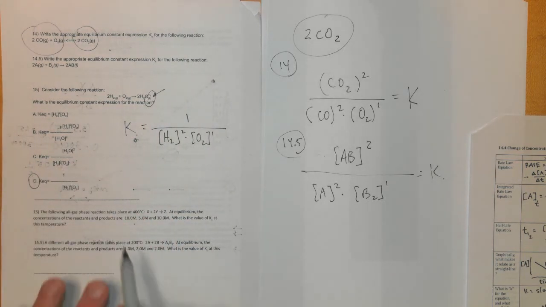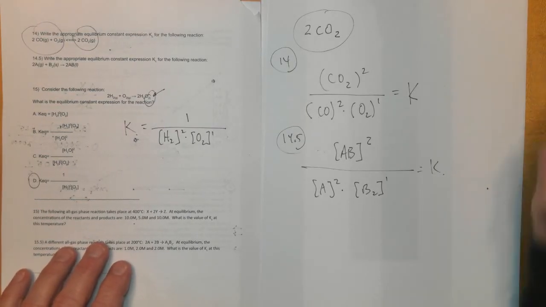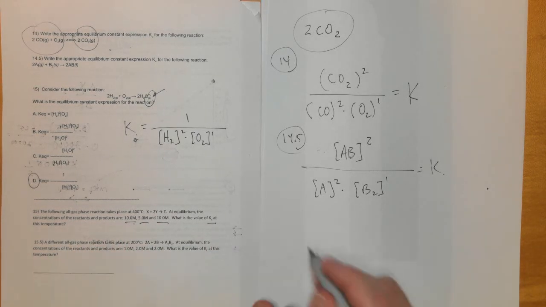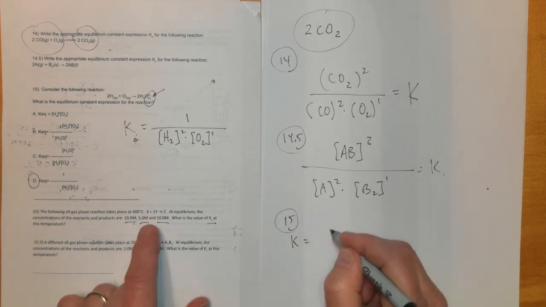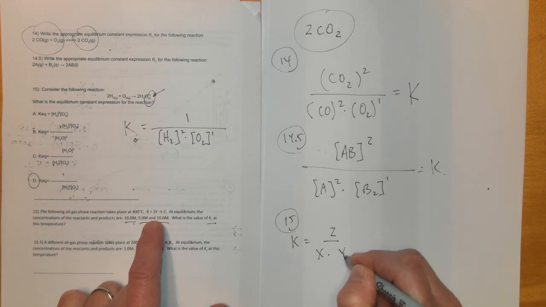Number 15, the following gas phase reaction occurs at 500 degrees Celsius. At equilibrium, concentrations of reactants are 10, 5, and 10. What is the value of K sub C? So we could write the equilibrium constant as Z over X times Y, and then don't forget to square that one.